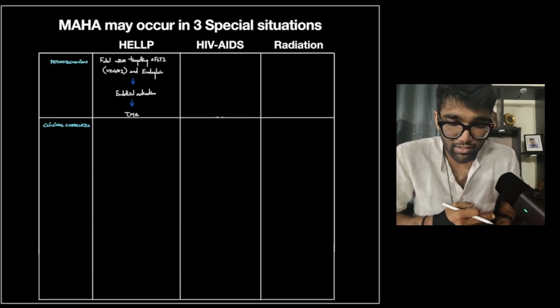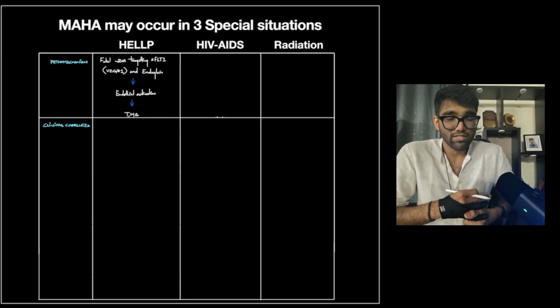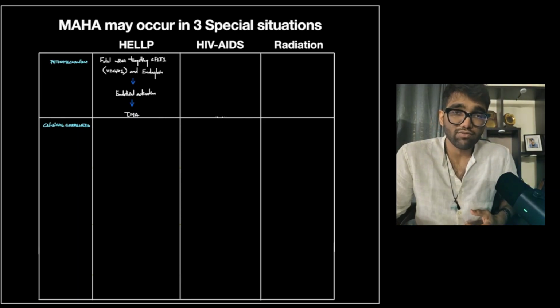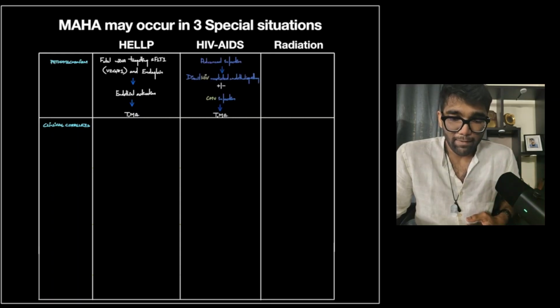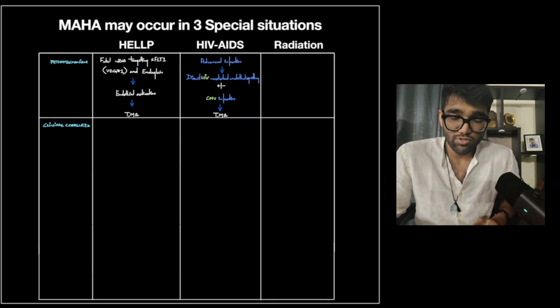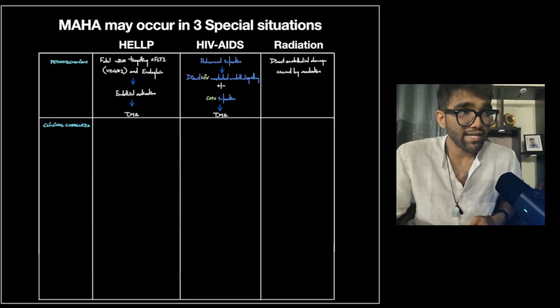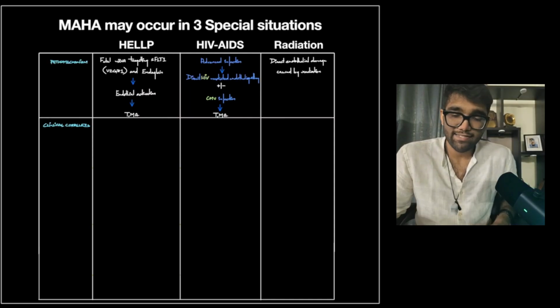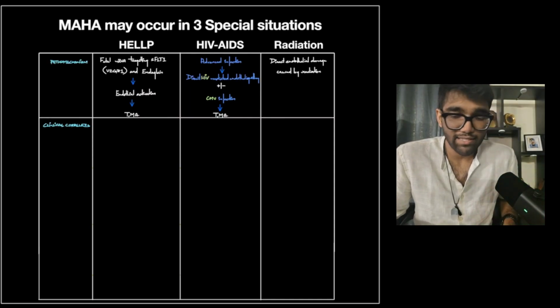Okay, and because of that interference, it results in endothelial activation causing thrombotic microangiopathy. Okay. In case of HIV/AIDS, what ends up happening is you have an advanced infection. There is direct viral damage to the endothelium. The virus accumulates in the endothelium, causes endothelitis, or you may also have an opportunistic infection with CMV, and that causes thrombotic microangiopathy. In case of radiation, it is the radiation directly that is damaging endothelial cell DNA, resulting in thrombotic microangiopathy.